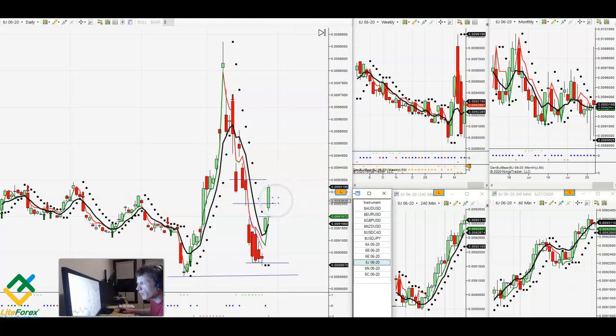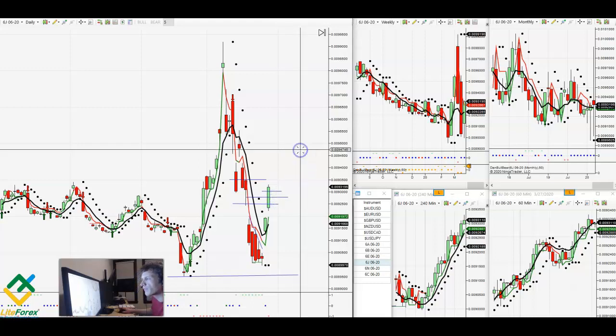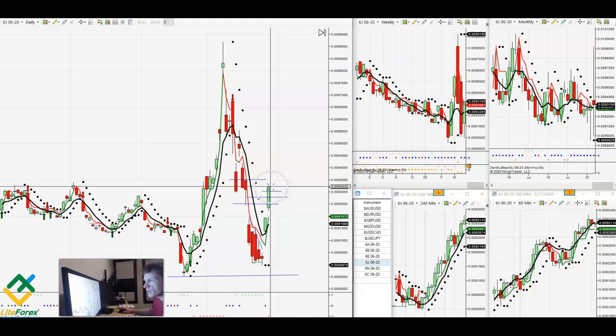But I think it might come back. Let's look at the next level of support at 93. Let's see if it can hold 93. And we're going to see if it can hold the center, which is about 92.775.